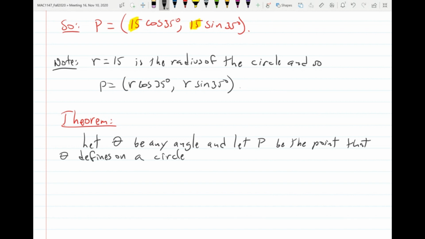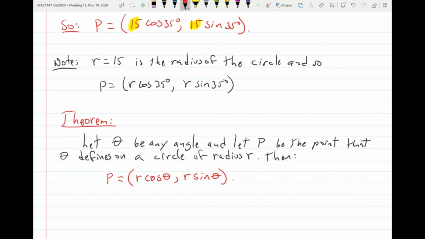This time it's not on a unit circle, but on a circle of radius r. Then what we just saw is that we can find immediately the coordinates of the point. And P has coordinates r times cosine of theta, comma, r times sine of theta. Okay, that's what we just discussed.